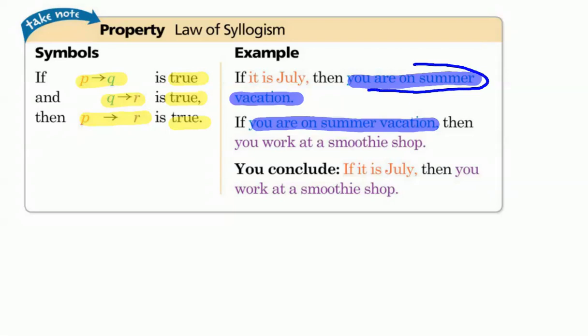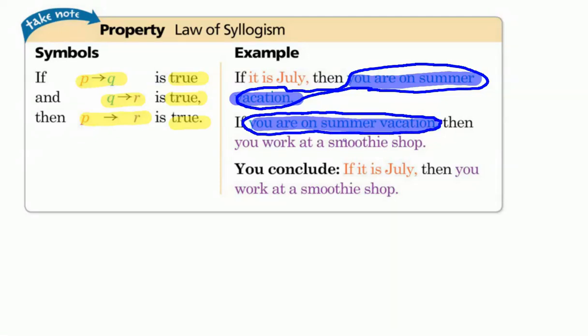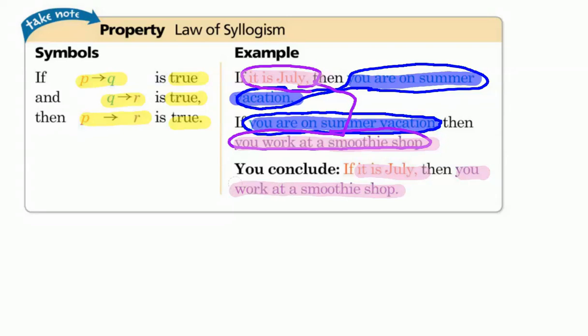If this statement, which in this case is our conclusion, gets repeated again as a hypothesis, then we're going to be able to connect the hypothesis of the first statement with the conclusion of the second statement. And that's what you conclude. If it is July, then you work at a smoothie shop. And that's what you're doing here. You're going to connect it as a new conditional.